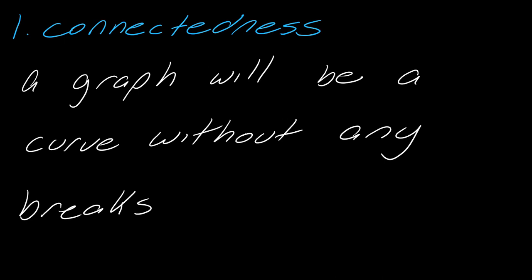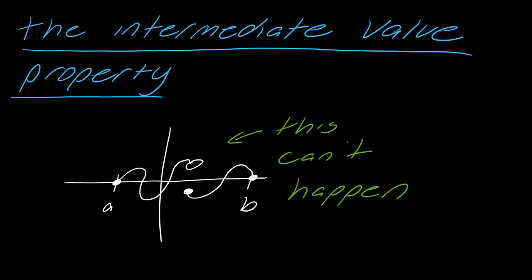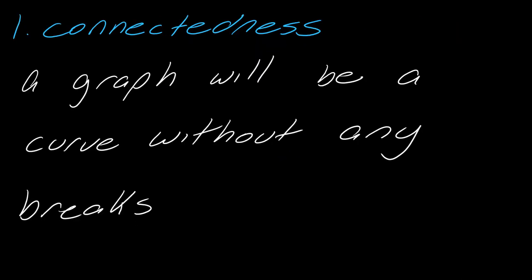It's saying that a graph will be a curve without any breaks. So you can't have this. That's the idea of connectedness. It seems weird that we point that out, but there are certain exercises where this will come into play. I'll show you that in a moment.